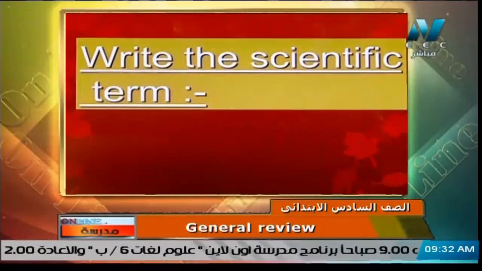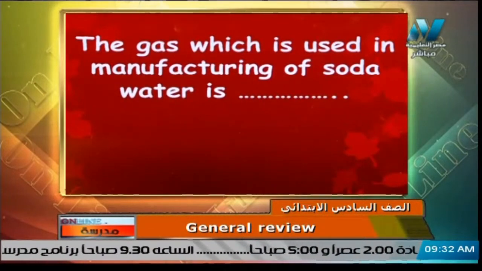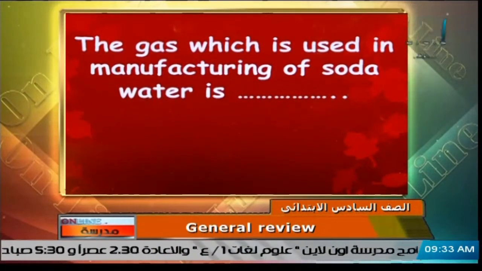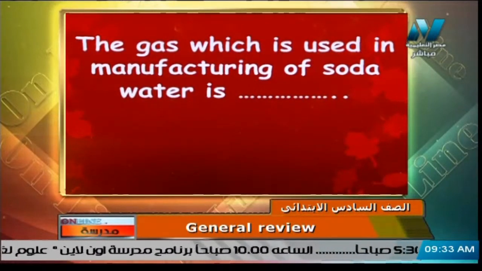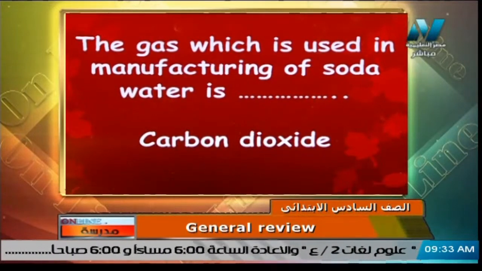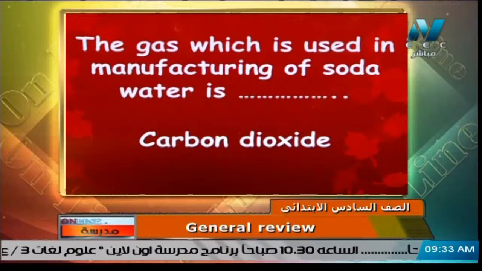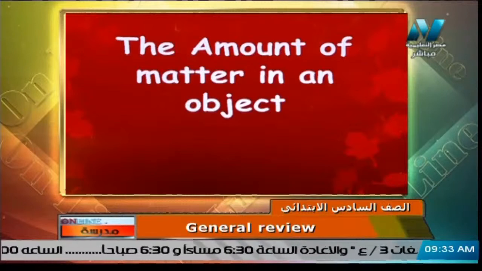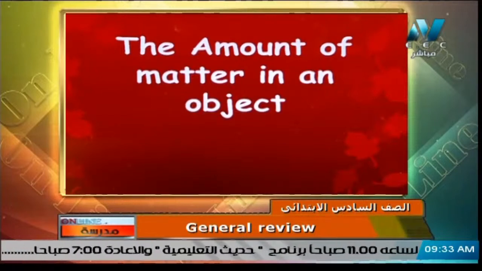The first question says: the gas which is used in manufacturing of soda water. What is the gas used in making soda water, like the fizzy drinks and soft drinks? Of course, a very famous gas: carbon dioxide gas. Next: the amount of matter in an object, the definition of mass.